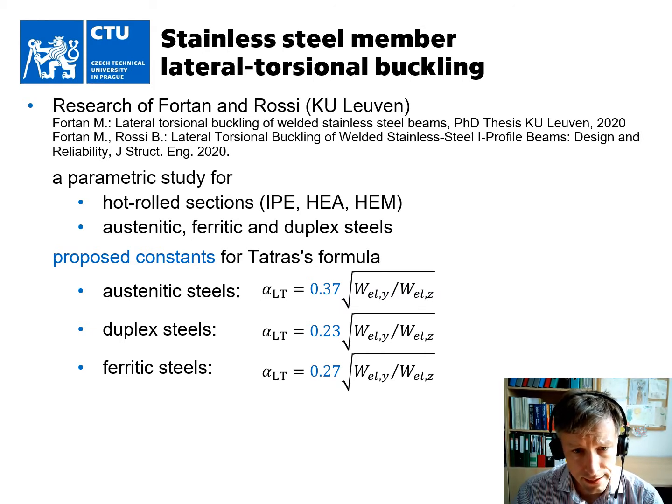Their findings are that the proposal of Taras and Greiner could be used also for stainless steel members if the constant of the imperfection factor is modified. So they proposed a different constant for each stainless steel family.